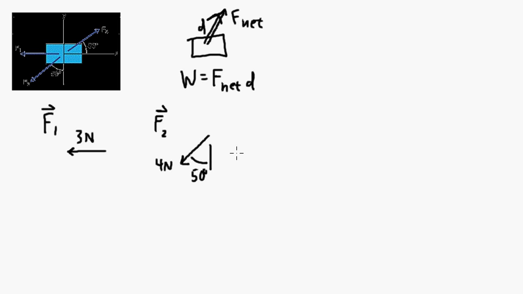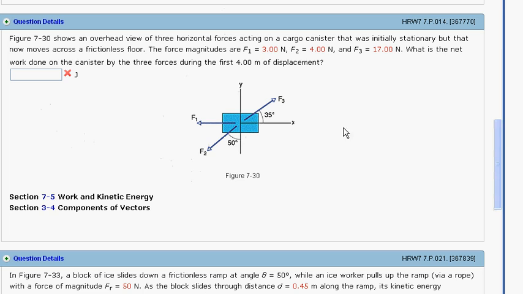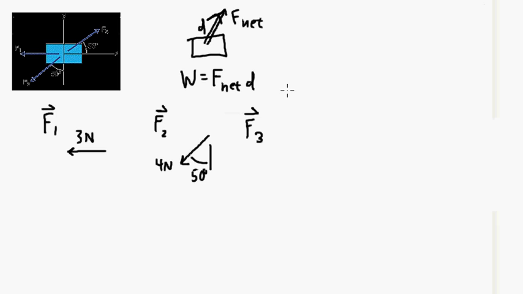And then F3 is at a 35-degree angle from horizontal, and that is 17 newtons. So F3 is going to be like that, 17 newtons, and it's at a, what would it say, 30, I better check this to be sure, 35 degrees.